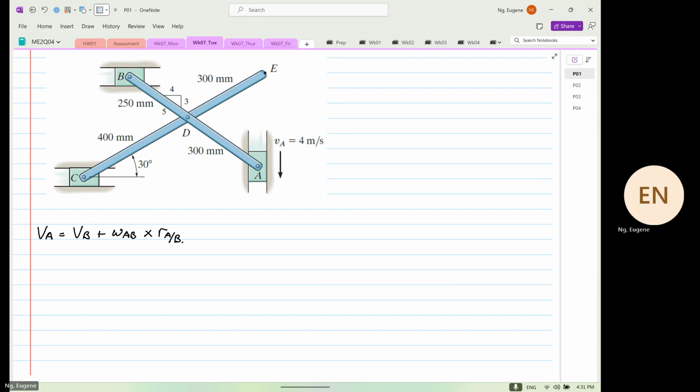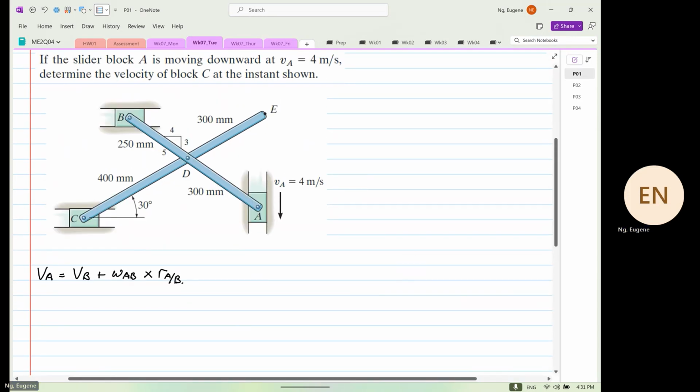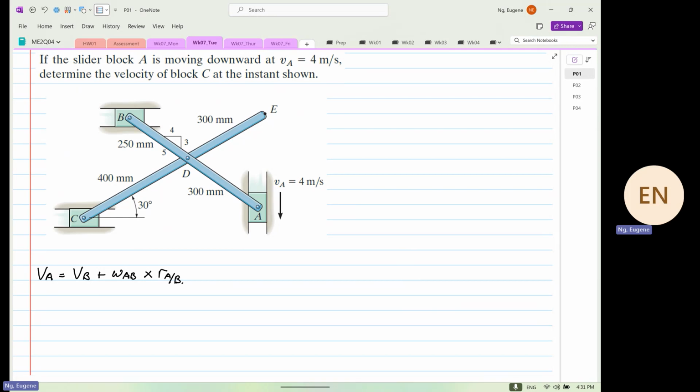Let's look at this again. We know that block A is moving down at 4 meters per second. So what is very sure over here, you can write that VA is equal to minus 4J, the fact that it's coming down.